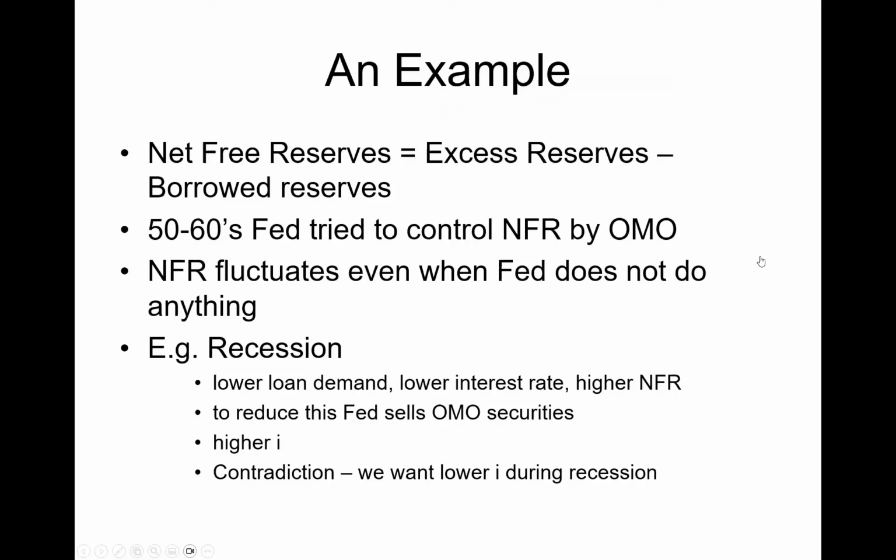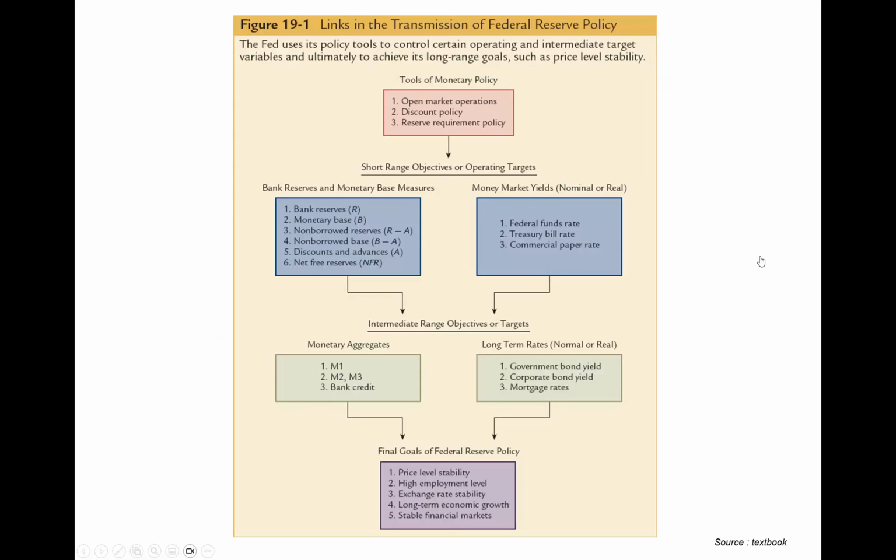To do this, the Fed does open market sales of government bonds, which, when you sell something, its price goes down and its yield goes up. And that's what happened in a recession. But this is a problem. Instead of a higher interest rate, we want a lower interest rate, because the lower the interest rate is, the more stimulated the economy gets because people can borrow money through a loan.